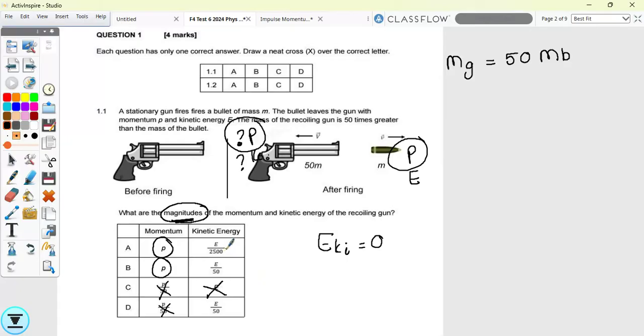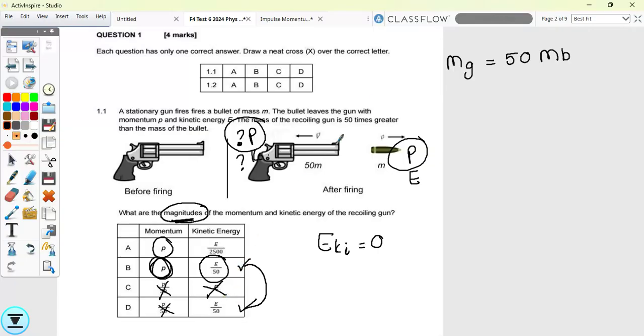Now, I've been saying to people, if you see two of the same answer, it's kind of a hint that it's going to be one of them. So we already know that this is P, and now there's two of the same answer, so it's probably going to be the right answer. They're just checking if you can put the right answer here with the right answer there. So the answer is definitely B, even though we didn't work it out.